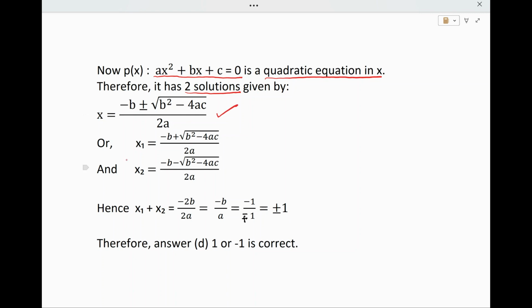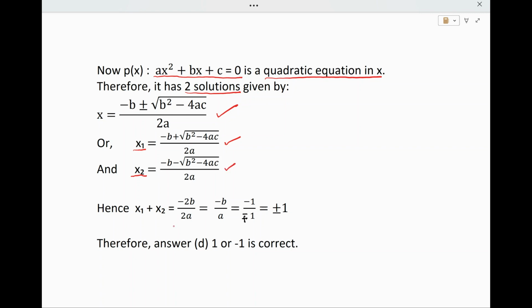That means one of the solutions is x1 = (−b + √(b² − 4ac)) / 2a, and the other solution is x2 = (−b − √(b² − 4ac)) / 2a.